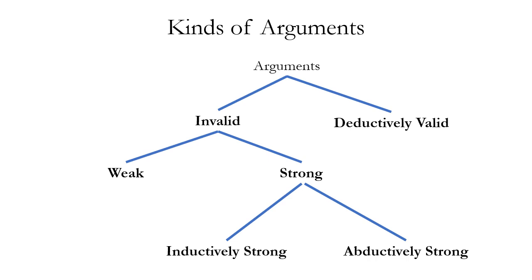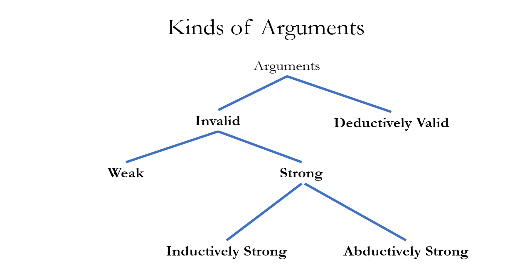There are at least two main types of strong arguments. You can basically classify them based on what their premises are about in part. So the word inductive can either be used to refer to all arguments that attempt to be strong or a subset, as we're doing here.